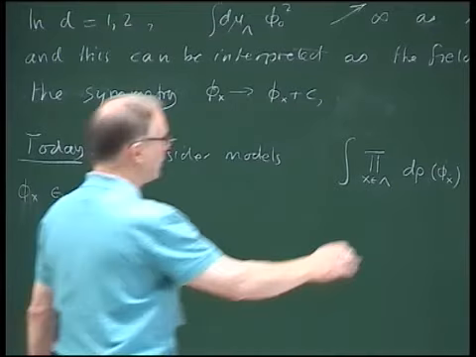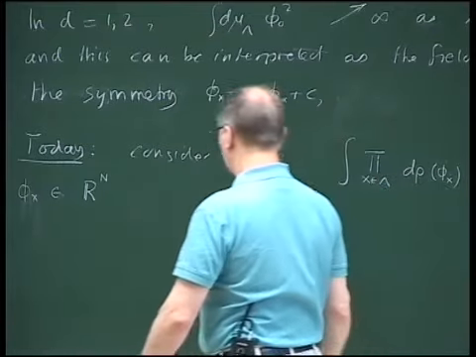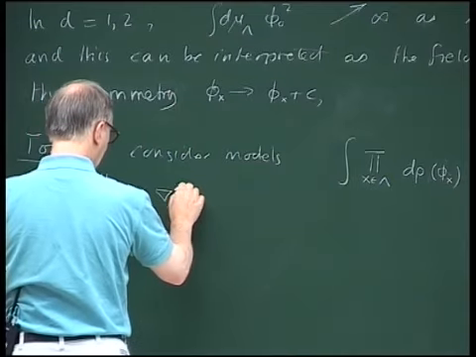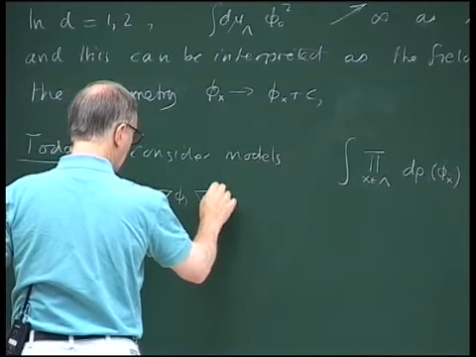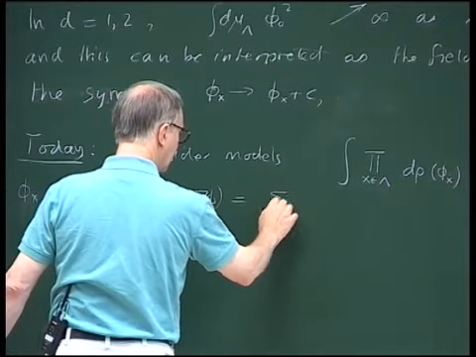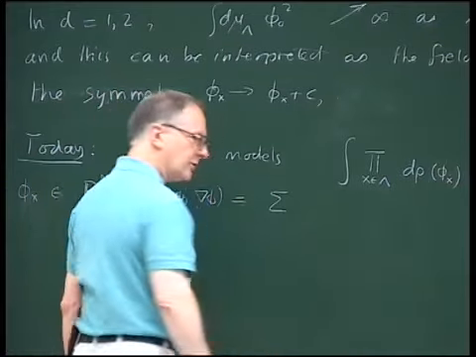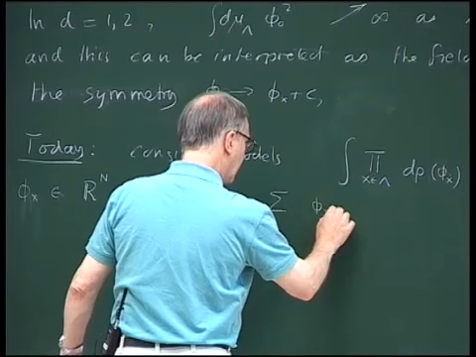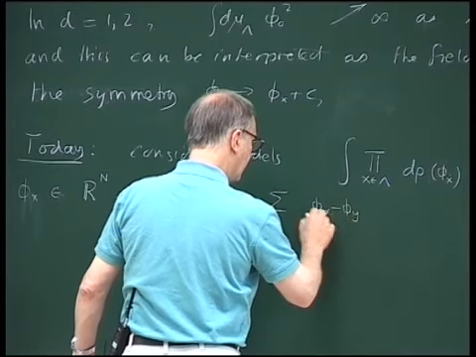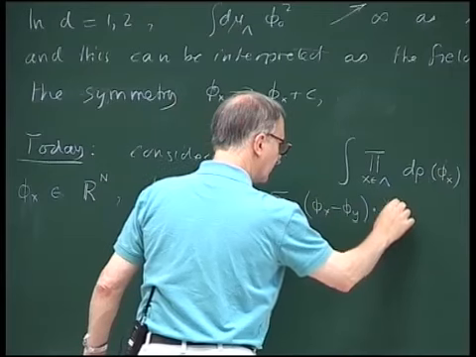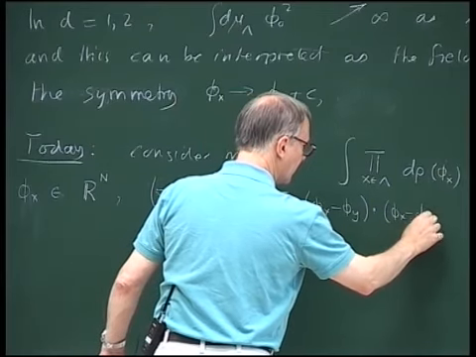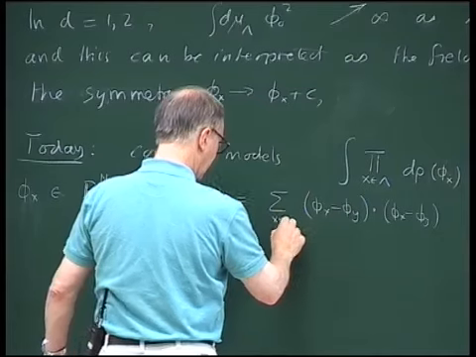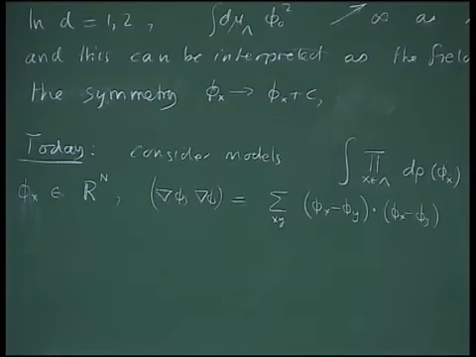And what does this grad phi dot grad phi mean? It means probably what you think it means, unlike tildes, which never mean what you think they mean. This is phi x minus phi y dot phi x minus phi y, where we sum over nearest neighbors x, y in the lattice.